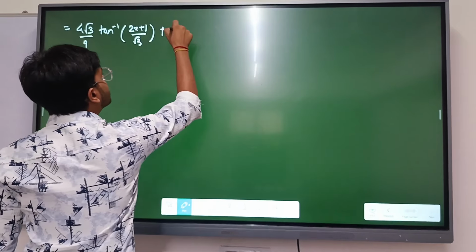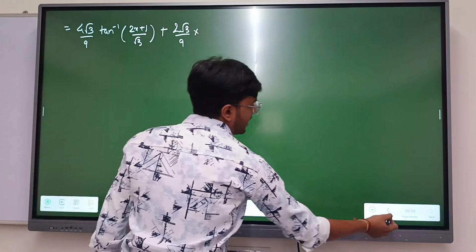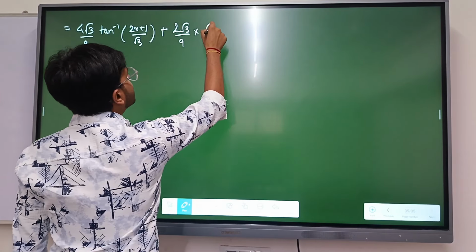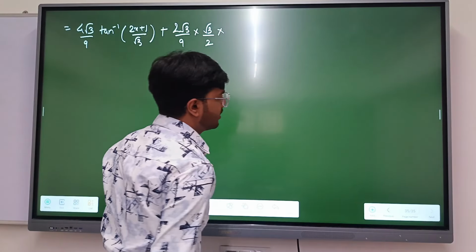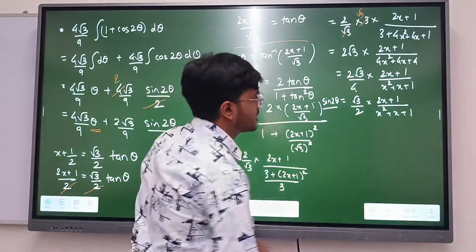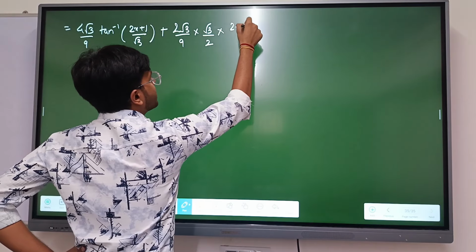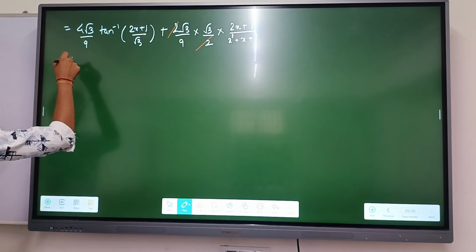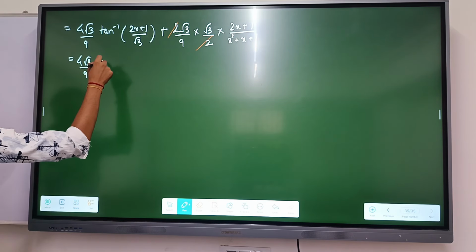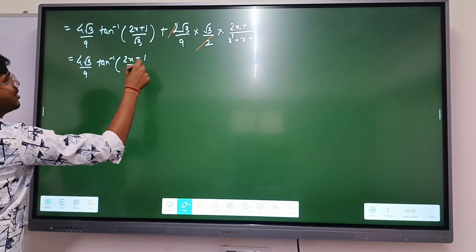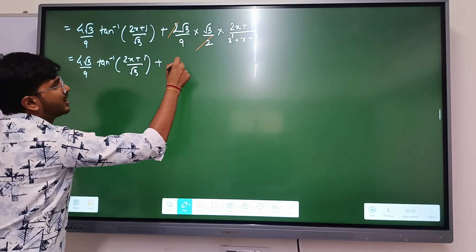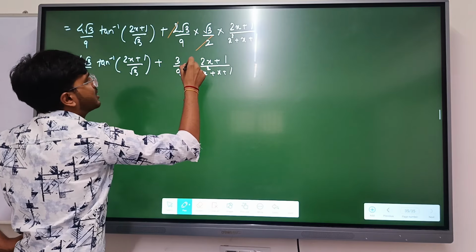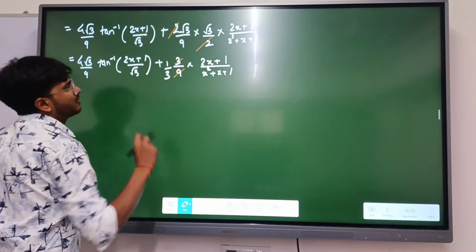So 2 root 3 by 9 multiplied by sin 2 theta, which is root 3 by 2 multiplied by (2x plus 1) by (x square plus x plus 1). 2 and 2 cancel. So 4 root 3 by 9 tan inverse of (2x plus 1) by root 3 plus root 3 into root 3, 3 by 9, times (2x plus 1) by (x square plus x plus 1). 3 by 9 would be 1 by 3.